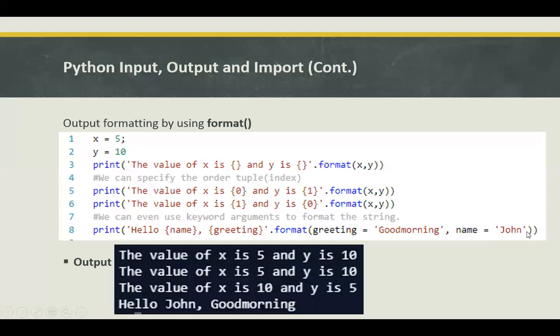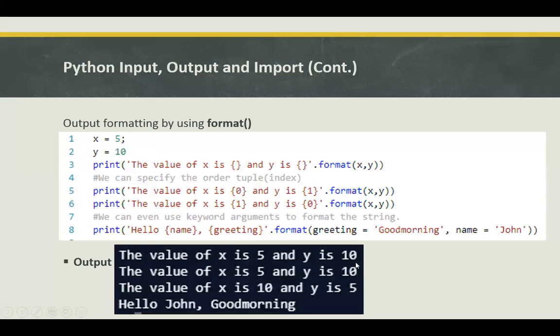Greeting is good morning and name is John, and I want to print hello John, good morning. Again, here you could see I have written greeting first and name second. But because of the keyword arguments I have used in the format string, name and greeting, it is printed as hello John, good morning. So John at the beginning and good morning later because of this argument.